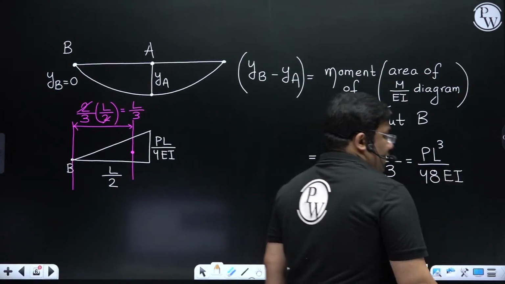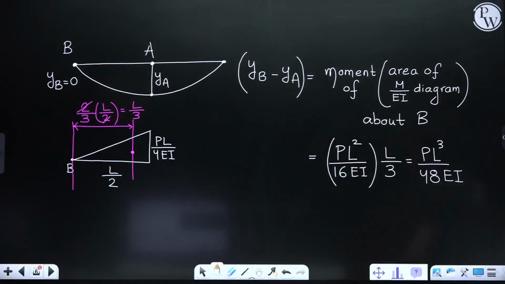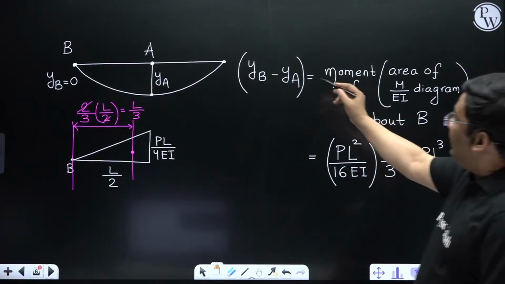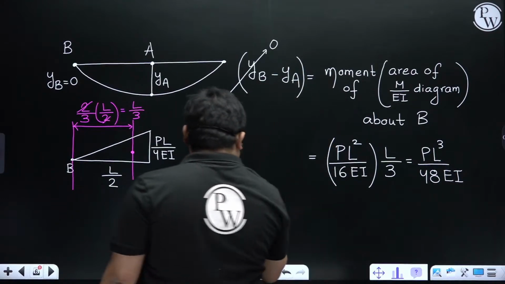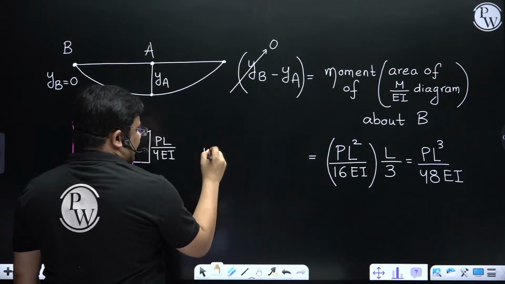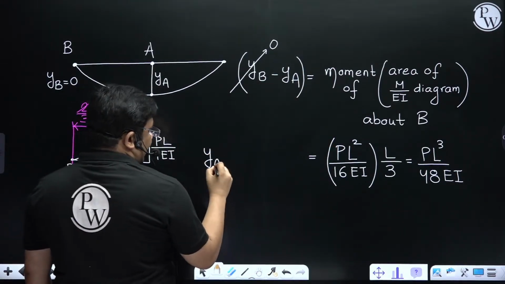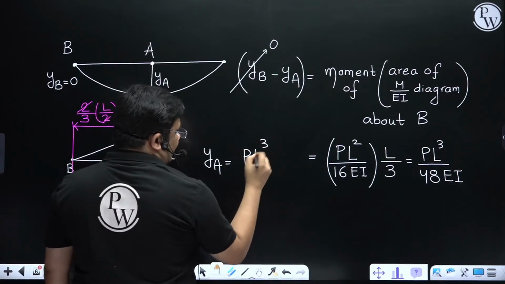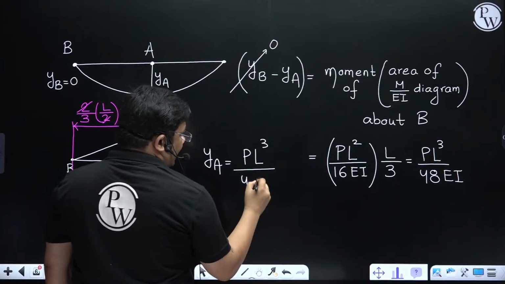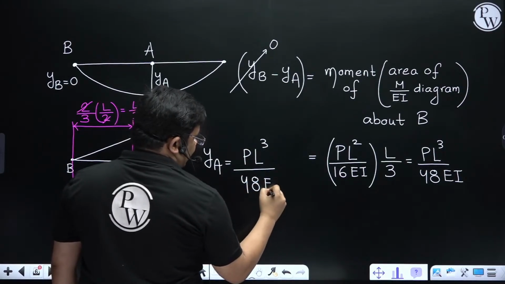Anyhow, at B the deflection is 0, so we get the deflection at A. We get a negative sign because actually it is downward. So at A, taking only the value, it is PL cube by 48 EI.